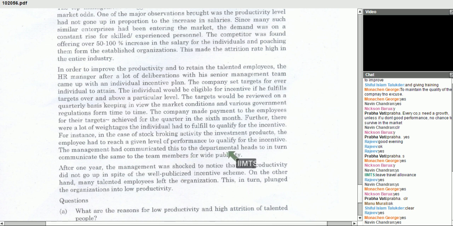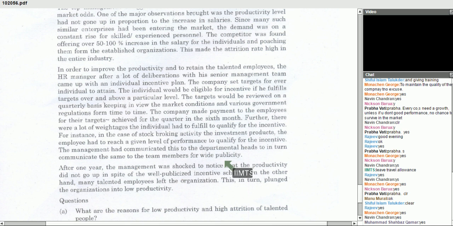The management has communicated this to the departmental heads to in turn communicate the same to the team members for wide publicity. Now the top management has also conveyed this policy to all the department heads of the various departments and asked them to convey it to the employees of those departments.